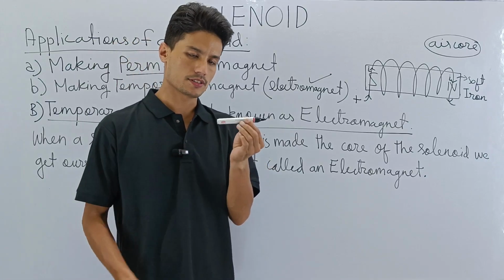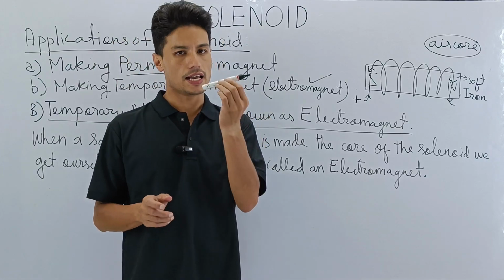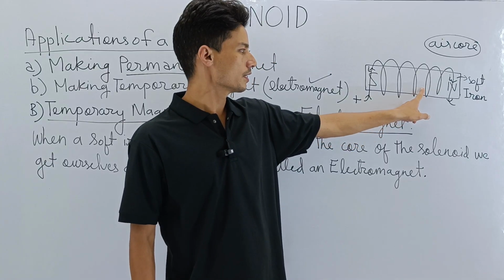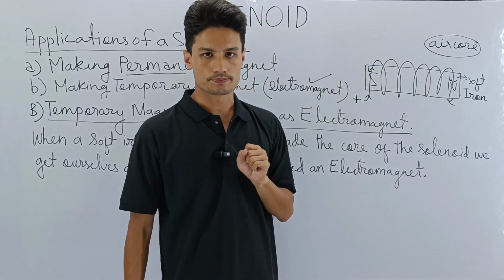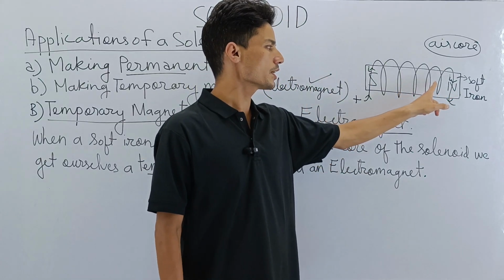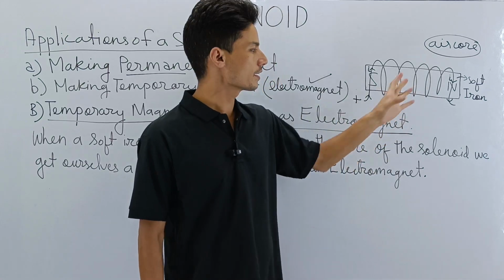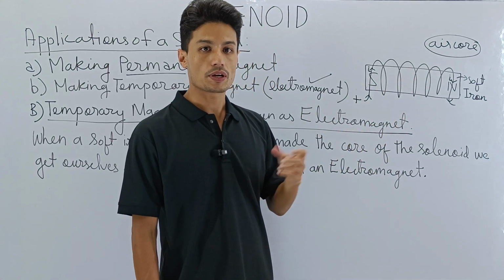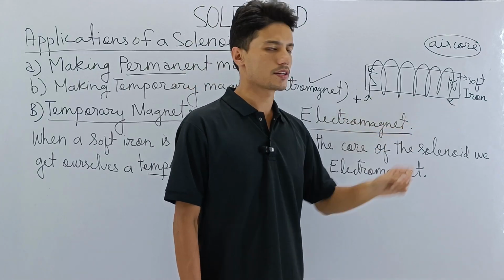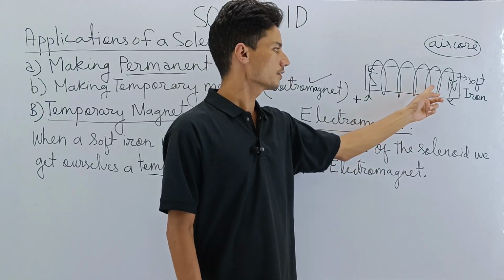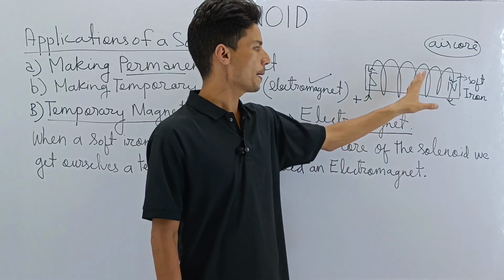Imagine this is a solenoid. Imagine that this is an electromagnet, because we are using a soft iron core. So when will this electromagnet lose its magnetic properties? When will it stop behaving like a magnet? When the flow of current stops. When no current flows through the solenoid, this will stop behaving like a magnet.